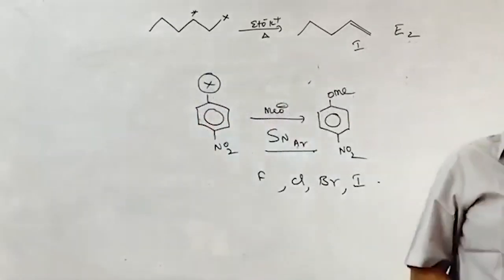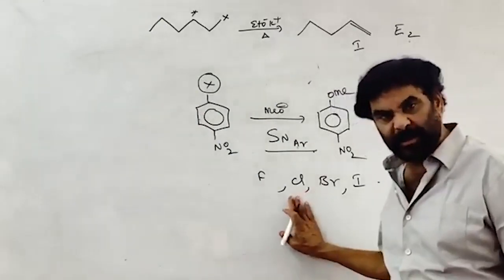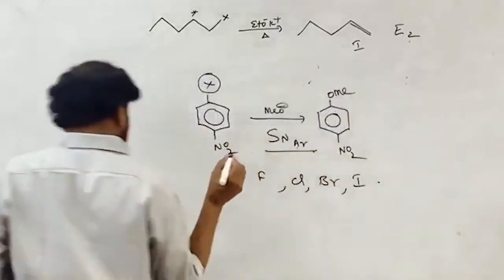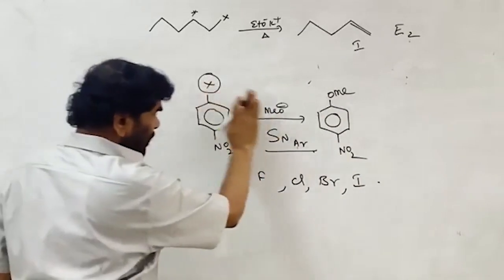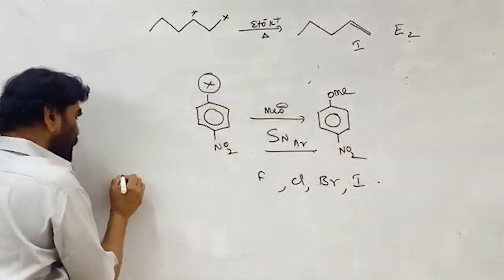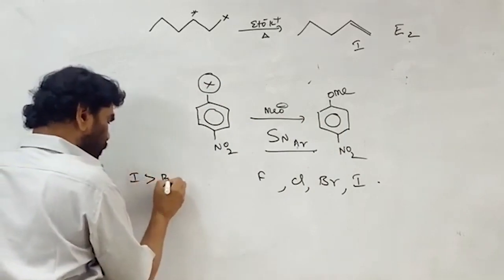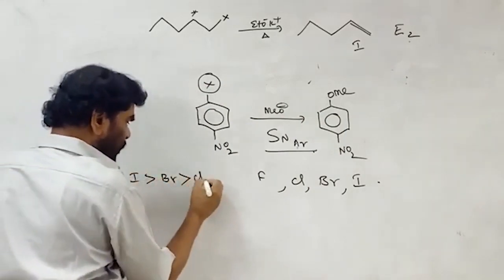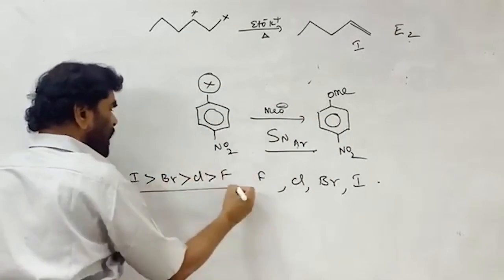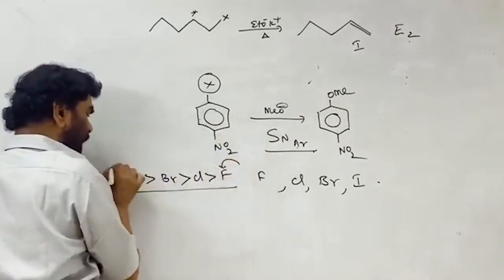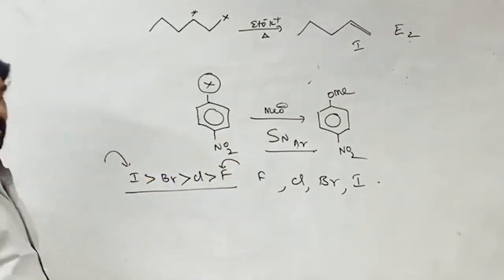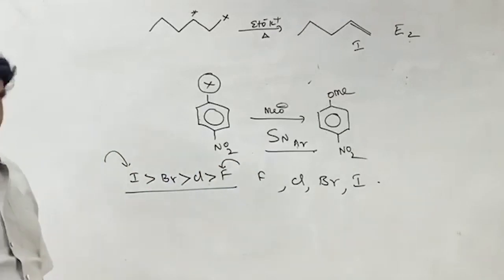Normally in aliphatic chemistry, which is not related to this, iodides are more reactive than bromides, which are more reactive than chlorides, and the least reactive is fluoride. Alkyl fluorides are least reactive, alkyl iodides are the most reactive.